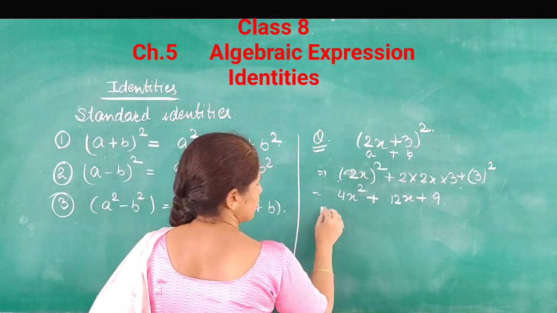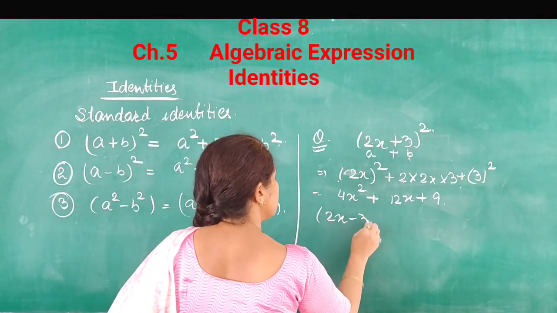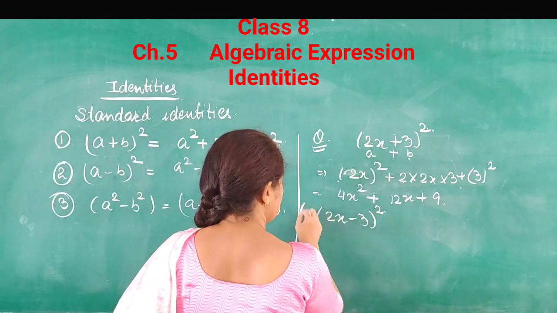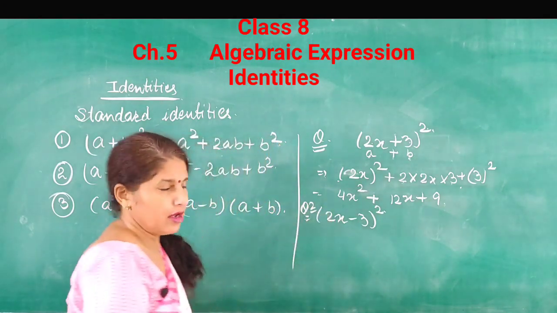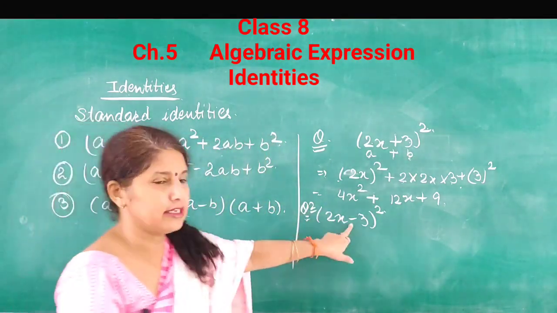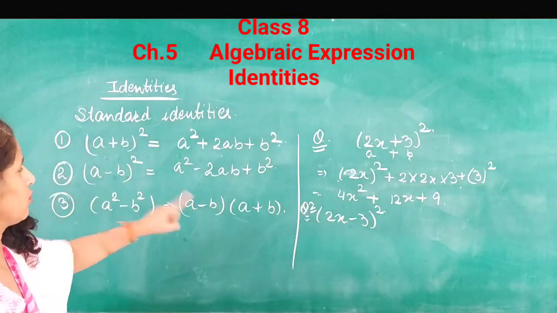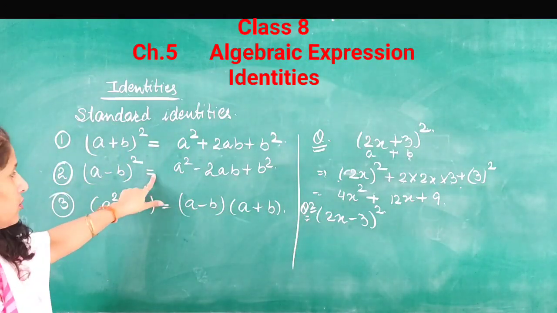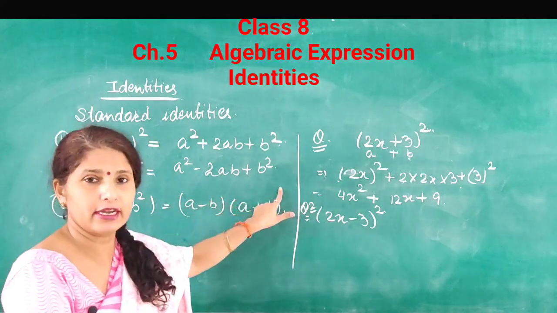Now the second question, you can take 2x minus 3 whole square. Now there is a minus sign, so it means your question is in the form of a minus b whole square. So you can apply this identity.